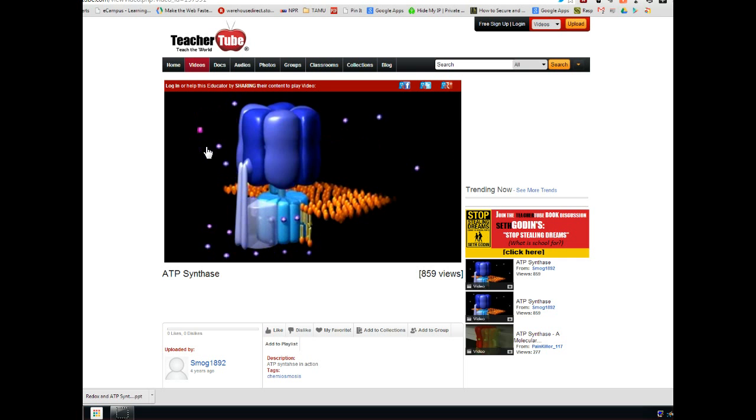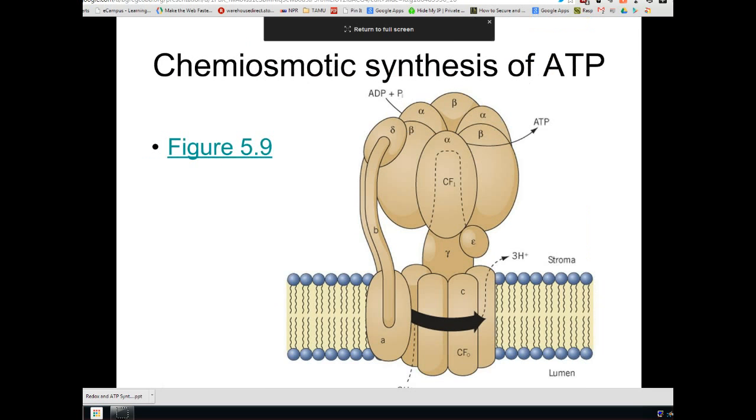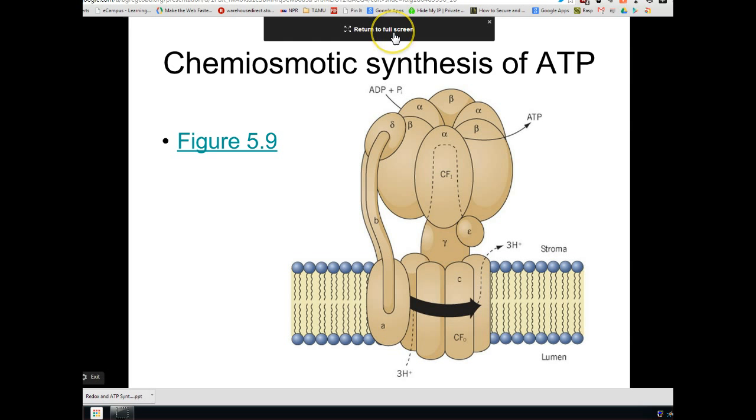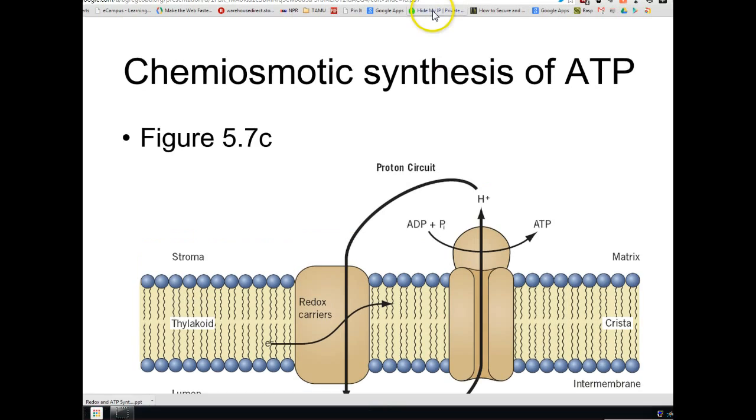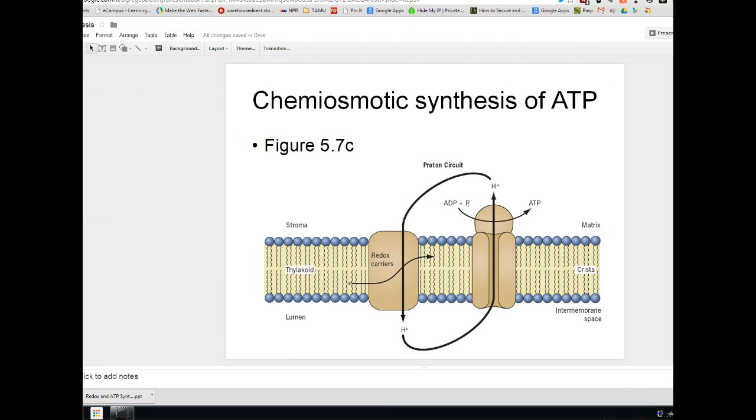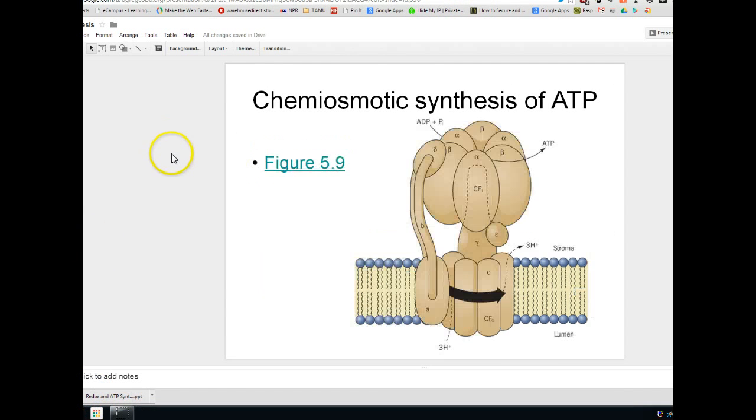So this is the motor, and it's sort of been worked out that for a certain number of protons that are moved through this machine, which causes this part to spin around, we have an ATP made.